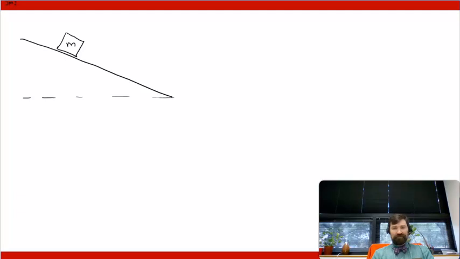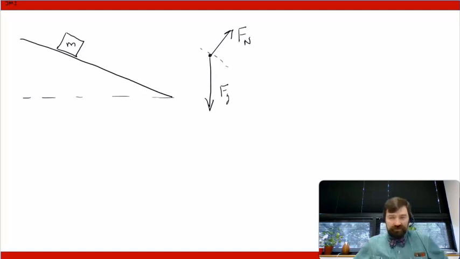Again, if I was to draw a free body diagram for this mass m, I would have to say gravity acts downwards in this direction. But now my normal force has to be perpendicular to the plane. So it comes off in this direction like this. And so now we have to figure out how much net force there is.